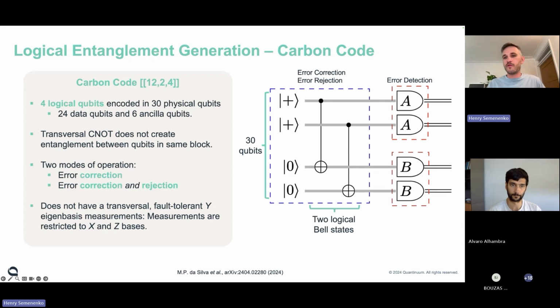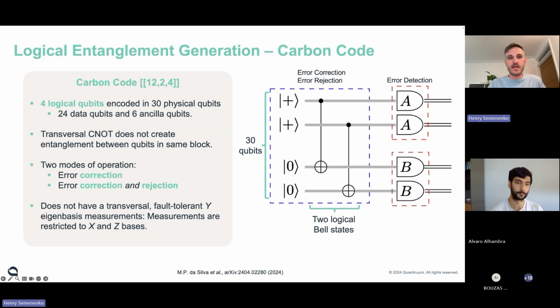Moving on to the next code, which was the carbon code. This was developed by Microsoft, and again it is 12 physical qubits, 12 ions, encoding 2 logical qubits. When we want to encode this circuit, it is 30 qubits or 30 ions in total.